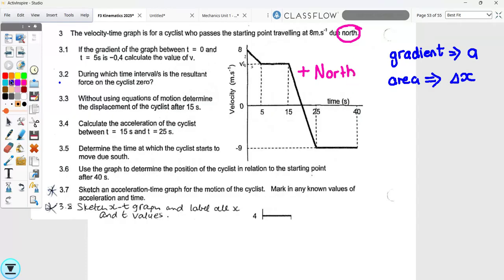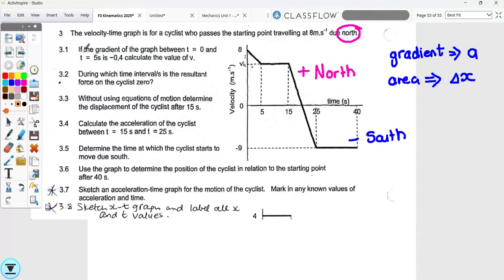So what will anything below the line be? When I say anything, I mean velocities, because it's a velocity graph. So velocities above the line are north, velocities below the line are negative, and it will be south. Once you've done those two things quick, gradient, area, north and south, then you start looking at the questions.